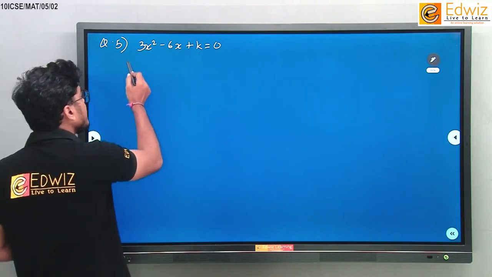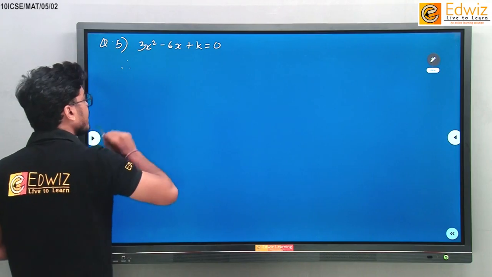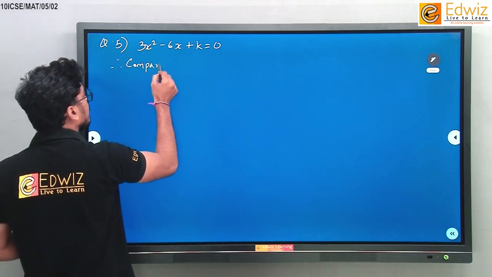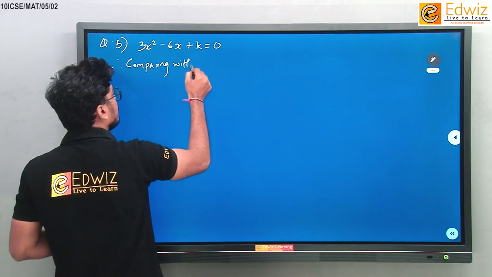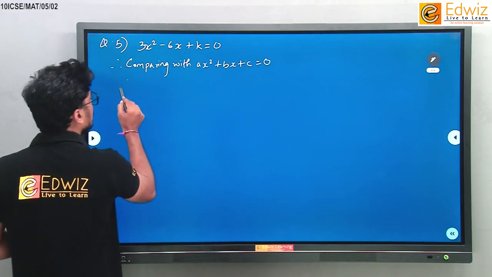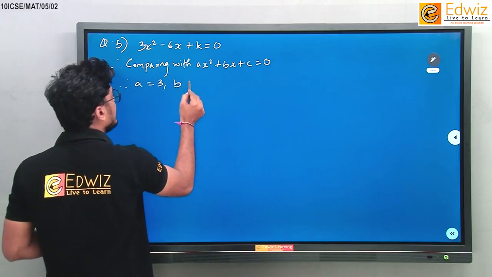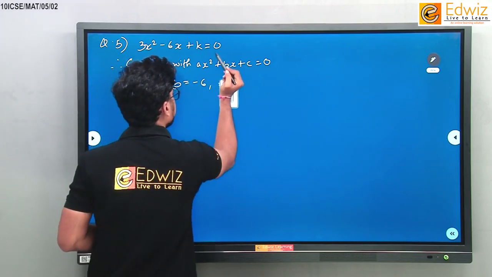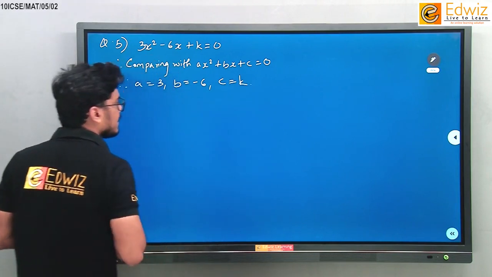So let us find out a, b and c first before we go to k. Comparing with ax square plus bx plus c equal to 0, a here is 3, b is minus 6, c is equal to k. Correct?